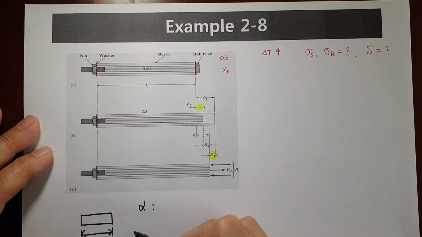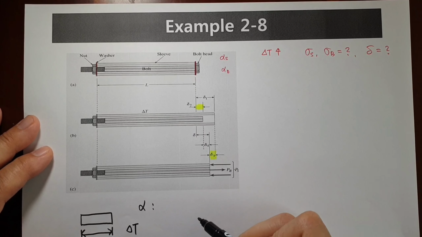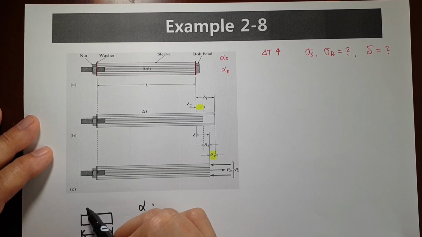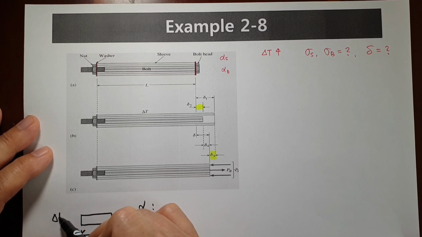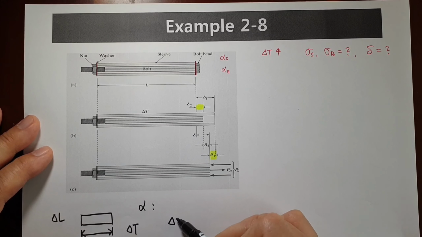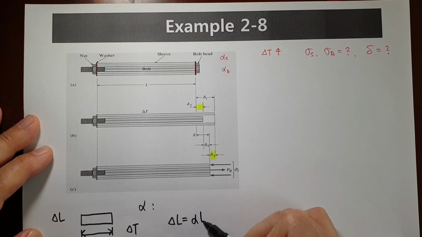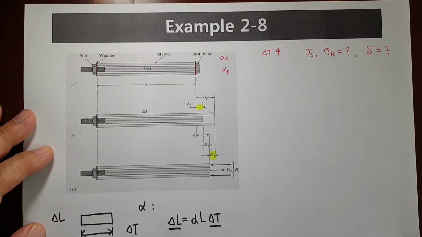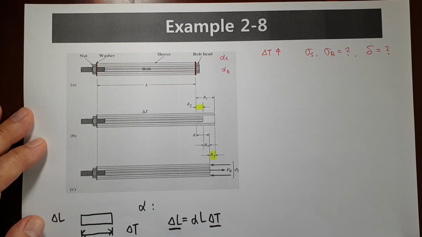Then when you have temperature difference delta T, eventually it can be changed by somewhat delta L. Delta L is what? Alpha L delta T. Based on this formula, you can calculate the change of length due to temperature. This one is the thermal expansion coefficient.